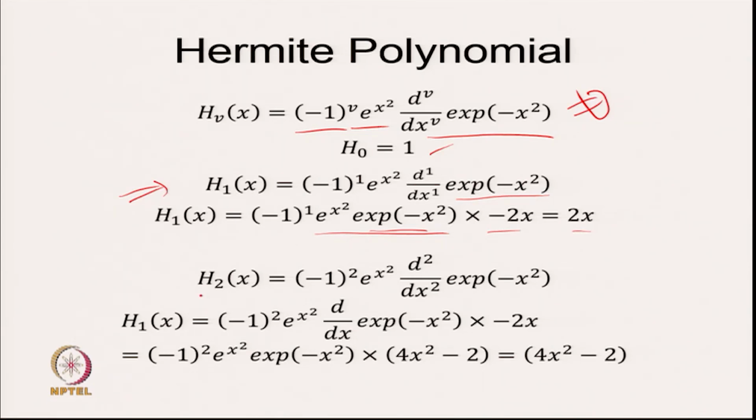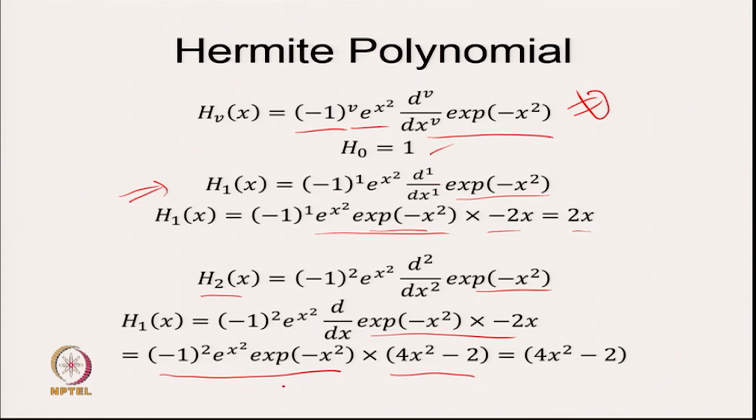Similarly, we can get the Hermite polynomial for the second vibrational level by again solving this equation: minus 1 square, exponential x square, d2 by dx square of exponential minus x square. First you will get the same term, exponential minus x square into minus 2x. Now, you have to differentiate again, and what you will get is these terms multiplied by 4x square minus 2, and the exponentials come out to be 1.